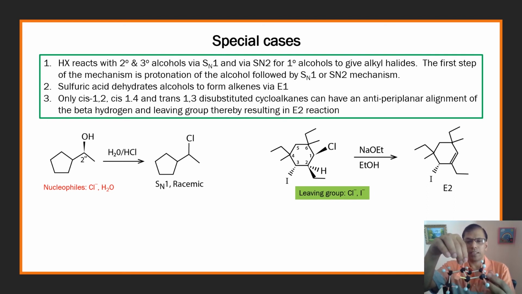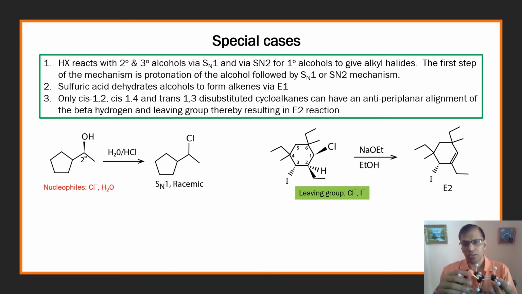Whereas in the case of iodide, the beta proton is on the same side. And so, although iodide is a better leaving group, the E2 elimination will not occur with iodide because iodide and the beta hydrogen are on the same side.